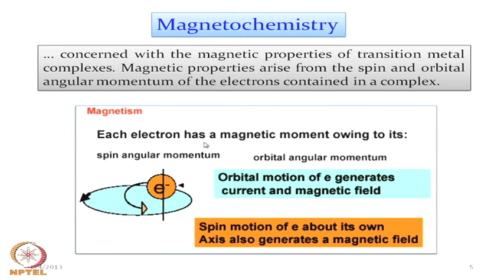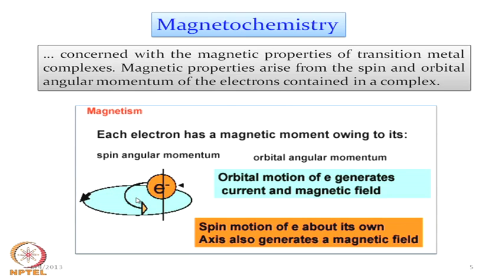So, each electron basically has a moment owing to its two angular momentum values. One is the spin angular momentum, which is the electron spinning around its own axis, and the second is the orbital angular momentum, where the spinning electron also rotates around the central nucleus.